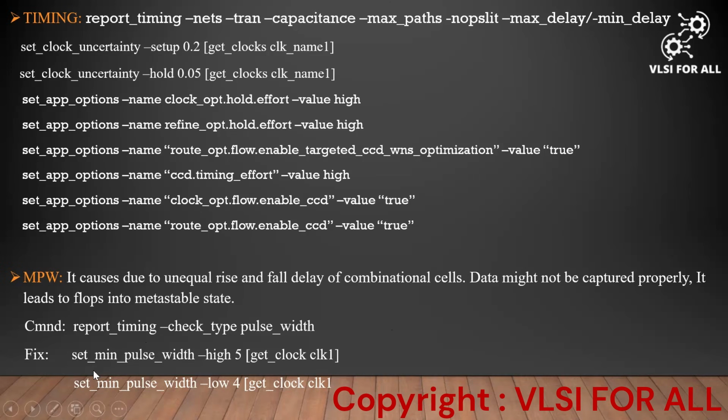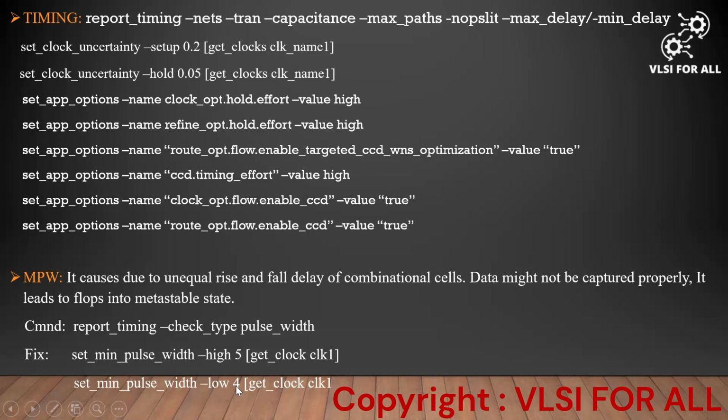How we fix it: set_min_pulse_width -high. The width, if it is level 1, means high. How much width we are expecting, that value will be given. get_clocks, the clock for which it applies will be given here. And if we are looking at the low level, which means level 0, logic 0, for that we give -low with the value we want, to resolve the min pulse width violation.